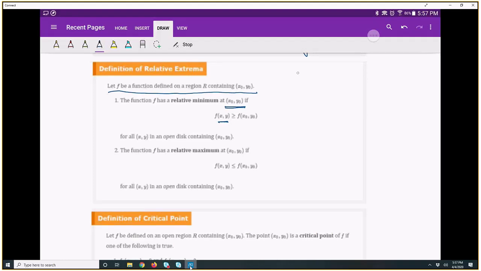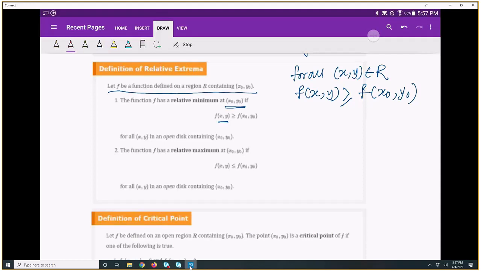Then I say f attains a relative minimum at the point x0, y0.